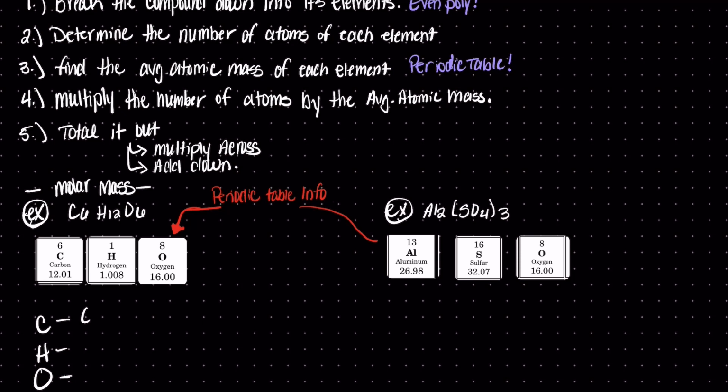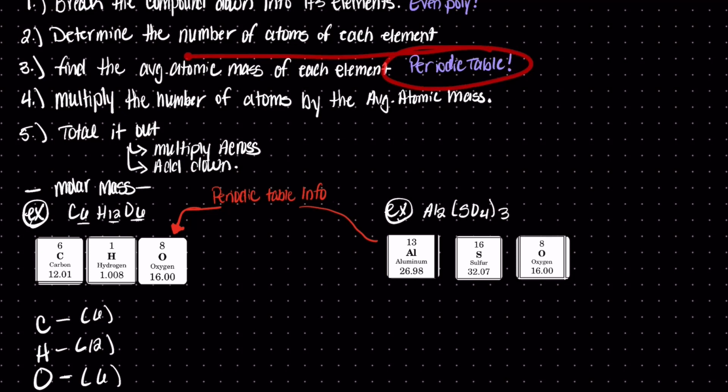I see I have 6 carbons, 12 hydrogens, and 6 oxygens from this formula right here. Those are my subscripts. That's how many atoms I have.